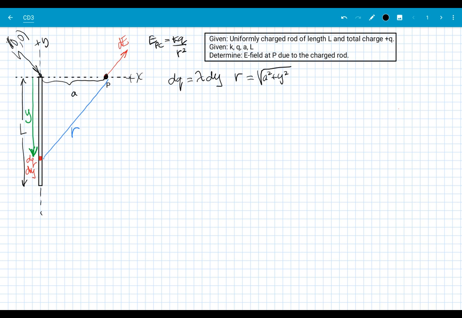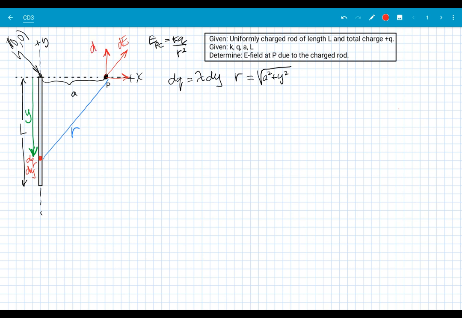Then I know that I need to split that dE up into components. Every dE is going to have a y component and an x component. I can think about that as I'm moving along the rod. The very end of the rod here will only have a horizontal component, because there'll be no vertical component for that one.